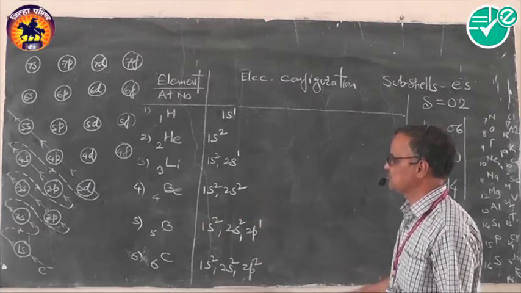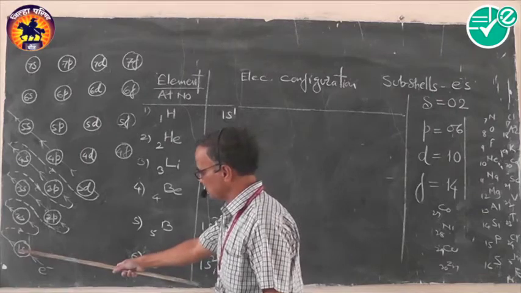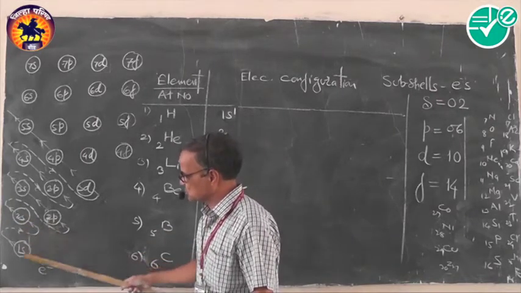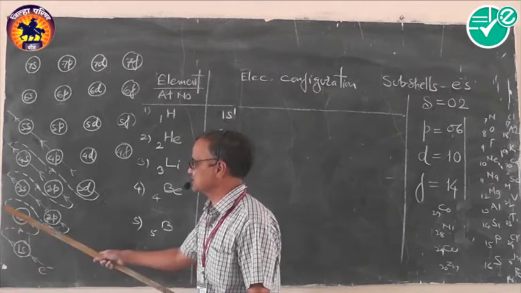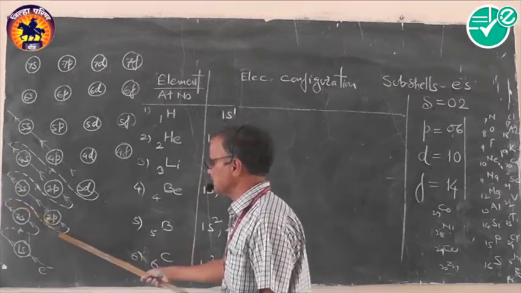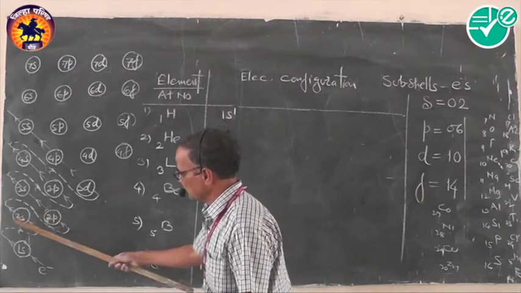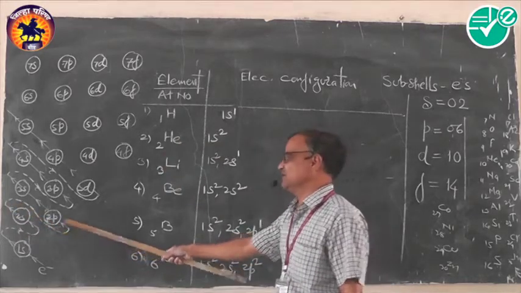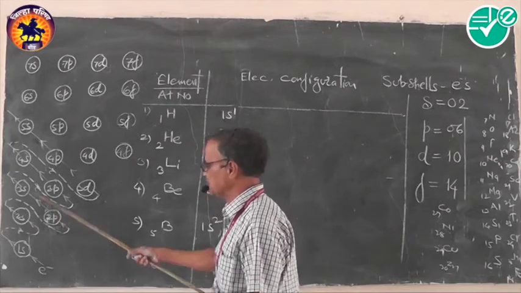Now the 1s and 2s orbitals are completely filled. Therefore the electron moves from 2s to the 2p subshell.